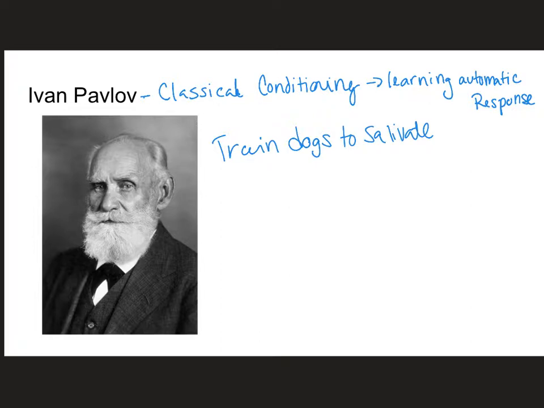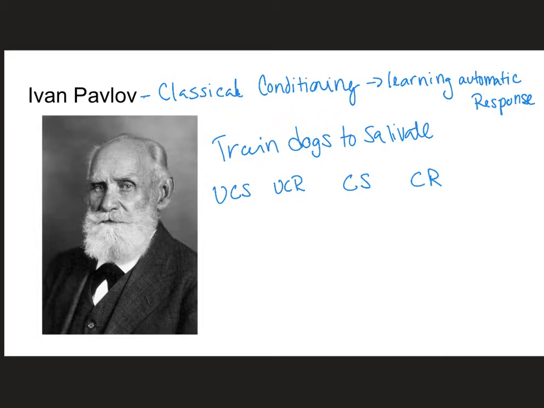So the first thing that Pavlov did was he took an unconditioned stimulus and paired it with an unconditioned response, which then turned into the conditioned stimulus and the conditioned response.